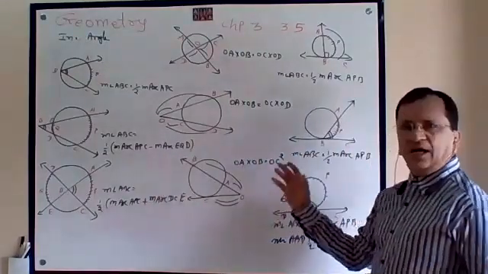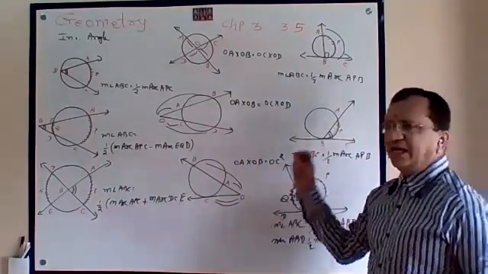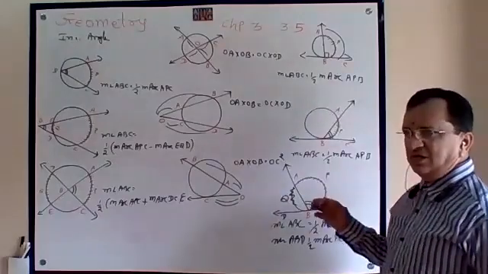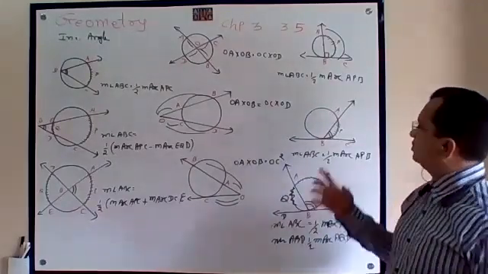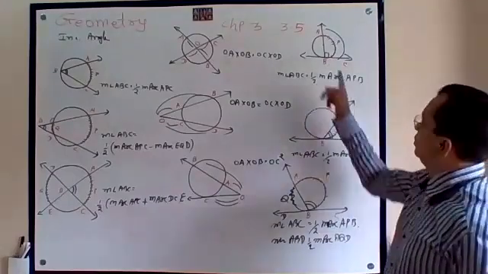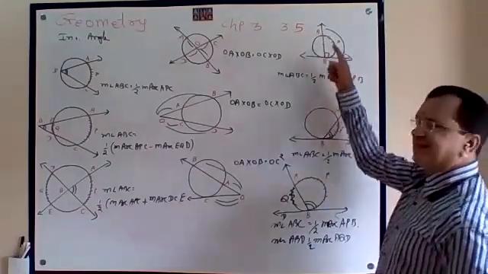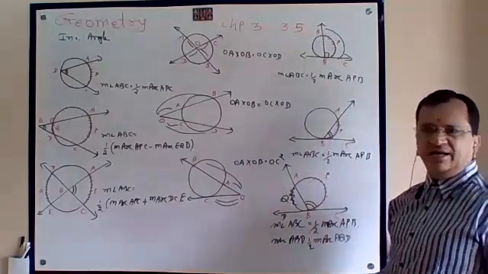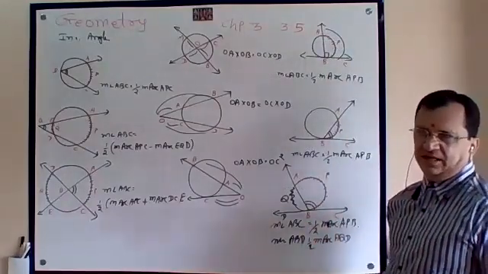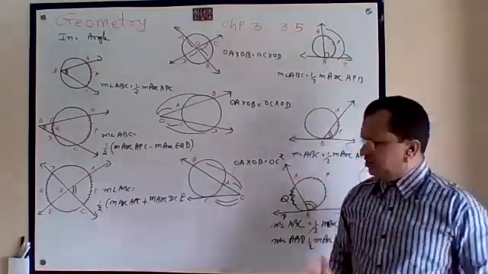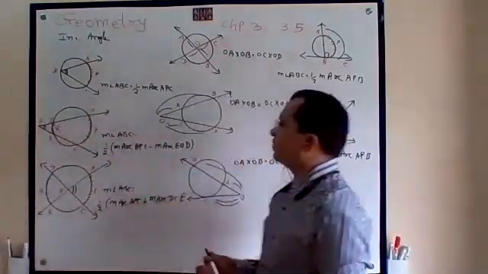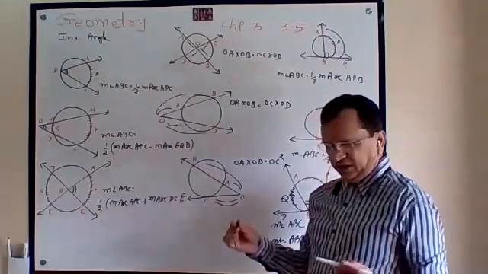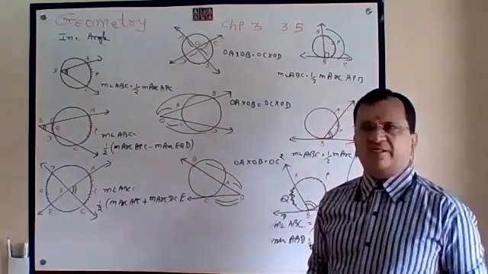These three are on the base of segment. These three are tangent and secant, but that is on the base of inscribed angle. So by angle, whichever arc is inscribed, that angle is half of that arc. Simple calculation.